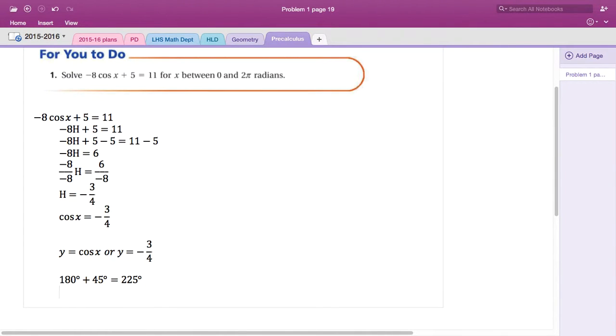Well, we know that 180 degrees is pi. And we also know that 45 degrees is a quarter of pi. So it's pi fourth.